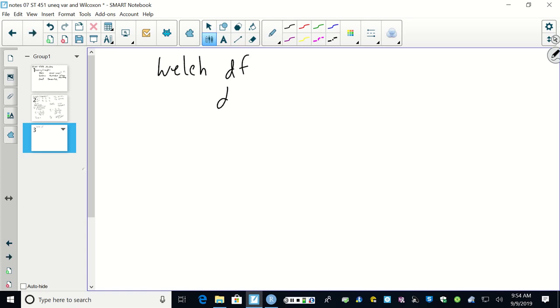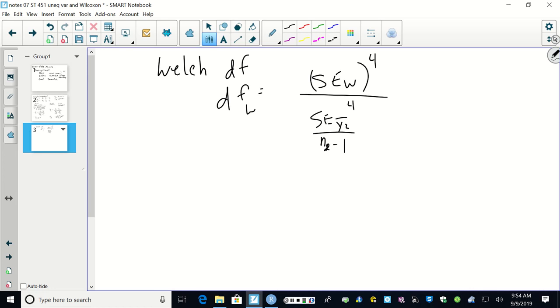So the degrees of freedom for this Welch t-test is the standard error to the fourth over the standard error of y bar 2 to the fourth over n2 minus 1 plus the standard error of y bar 1 to the fourth over n1 minus 1.